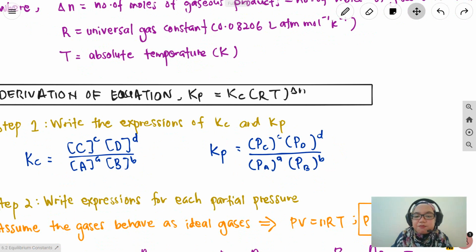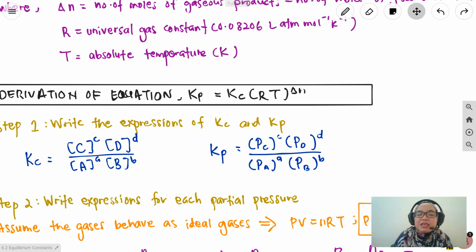Next, Kp equals partial pressure of C to the power of small letter c times partial pressure of D to the power of small letter d over partial pressure of A to the power of small letter a times partial pressure of B to the power of small letter b. So this is how you express the equilibrium constant in terms of partial pressure.